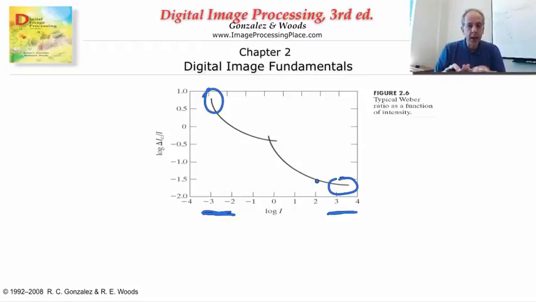So two things that are both very dark and very similar, we won't be able to distinguish between them. On the other hand, when the background is already very bright, we don't need so much difference between the different levels to be able to distinguish between different objects.